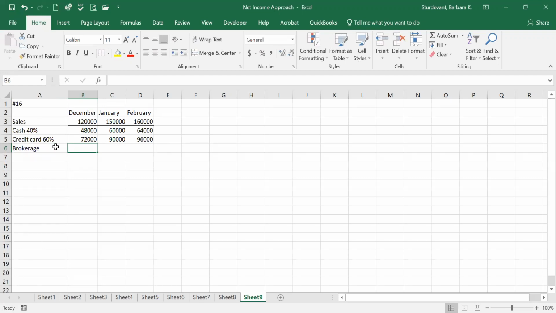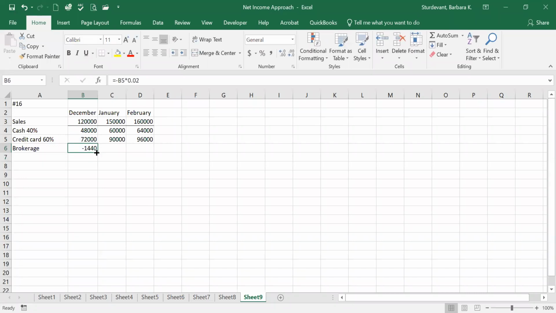So we're going to take just the credit card and we're going to multiply by 2%. And I'm actually going to put a minus sign in here because I want it to subtract.